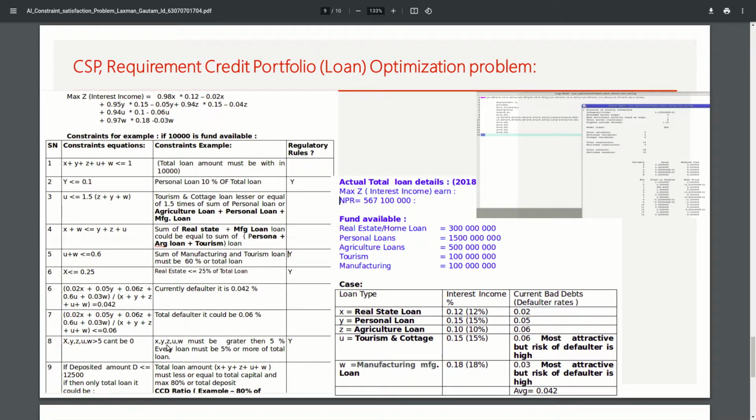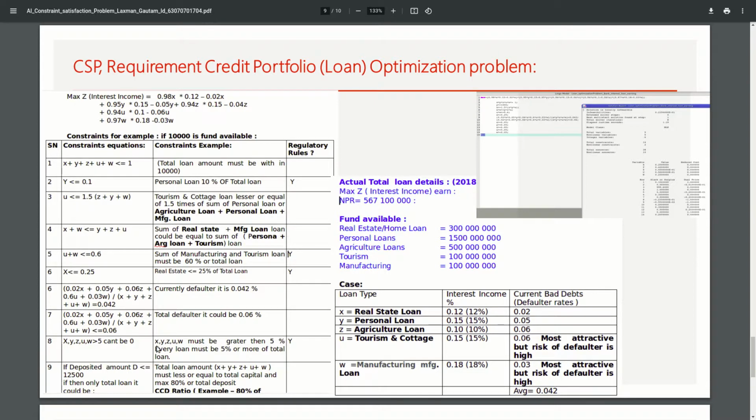Another constraint is like, suppose some sector is not that productive, and the bank says that I may not invest in it, but the country or the central bank wants to equally distribute or diversify their investment.